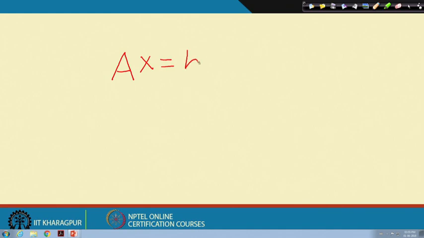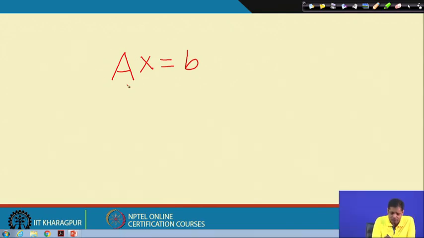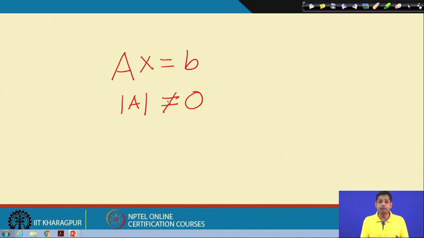If we have a set of linear equations and want to solve it, the important condition that the matrix A must satisfy is that it should be non-singular, meaning the determinant of A should not be 0. If the determinant of A is 0, then we cannot have a unique solution of this system, that we all know.